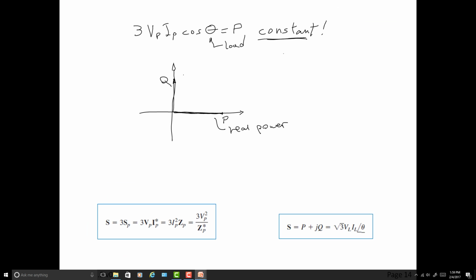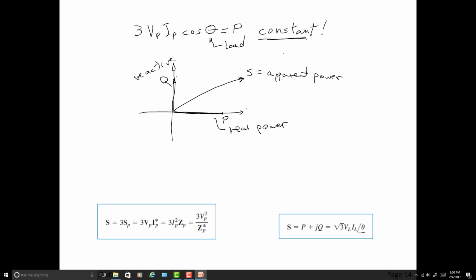The sum of these, right? Aim for that point, is S, right? This is the apparent power. This is reactive, of course.